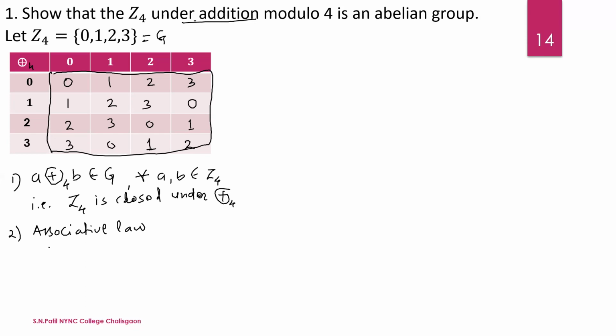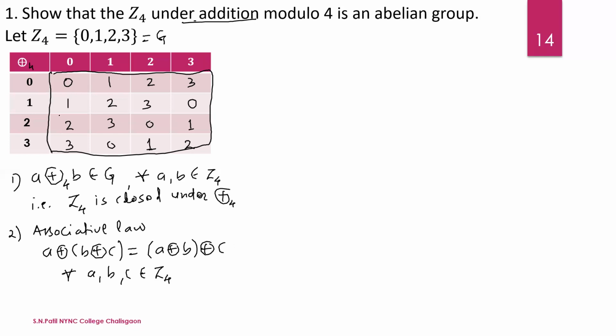See, now A plus in bracket B plus C is same as A plus B plus C. Okay, and the resultant again belongs to G. Okay? For all elements in Z4.